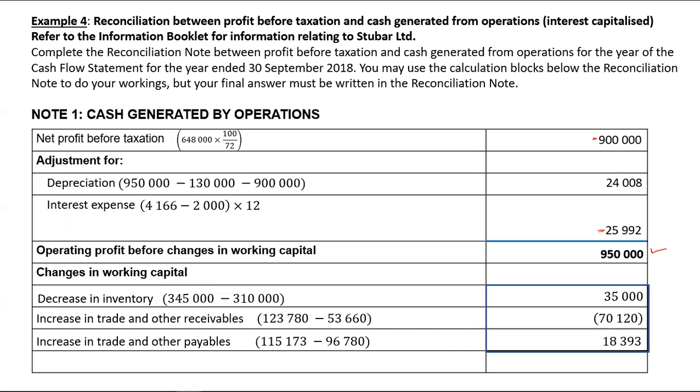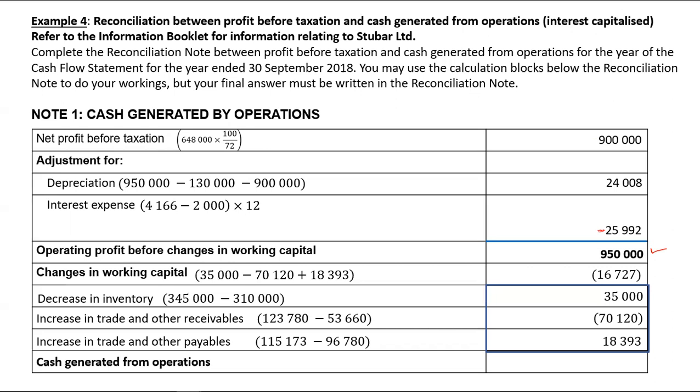When you add everything that is in that square blue rectangle, it'll simply give you changes in working capital. So how do I get that? I took 35,000, I subtracted that 70,120, and I added 18,393, and it gave me a cash outflow of 16,727. You add that with 950,000, it'll give you cash generated from operations.